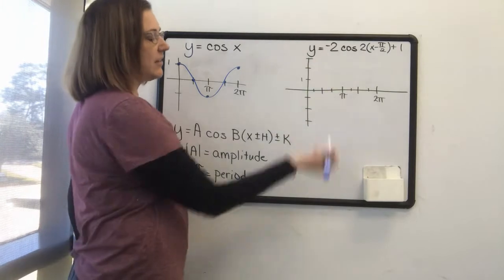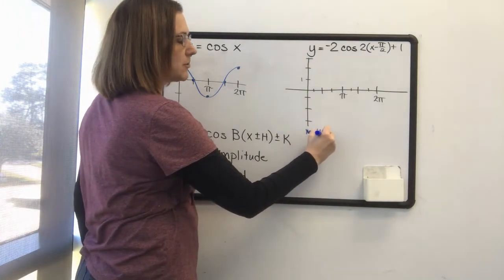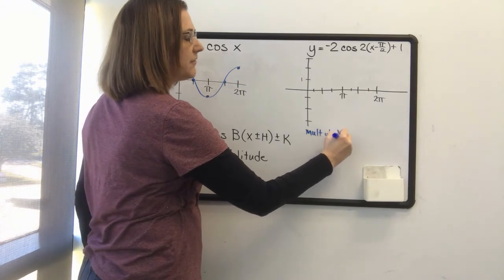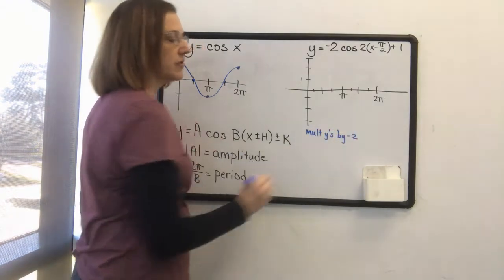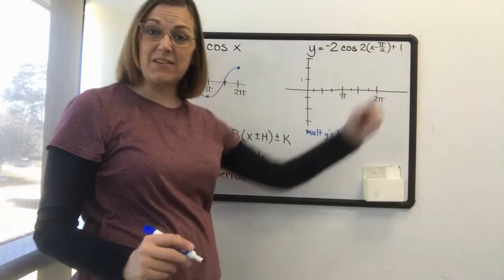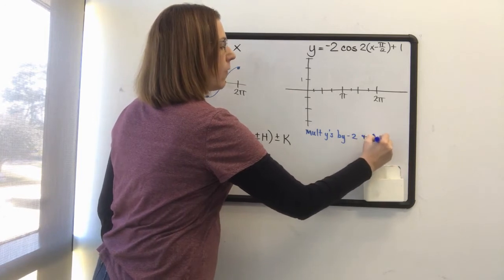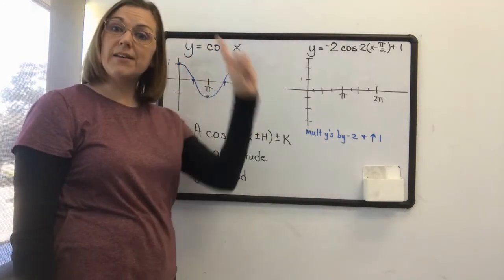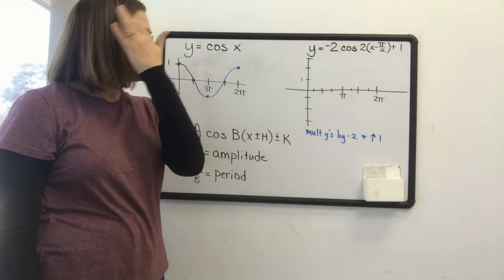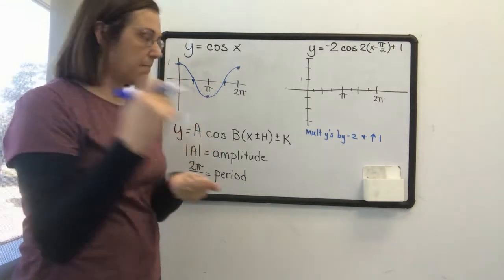This -2 tells me that we're going to multiply the y values by -2, and then the plus 1 at the back end of the equation tells me we're going up 1. So I'm going to multiply the y values by -2, and then I'm going to go up 1 with them.